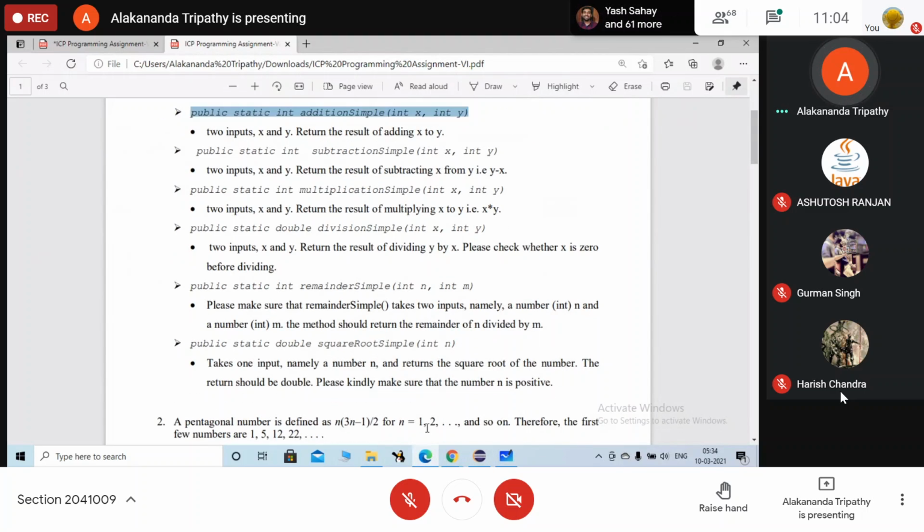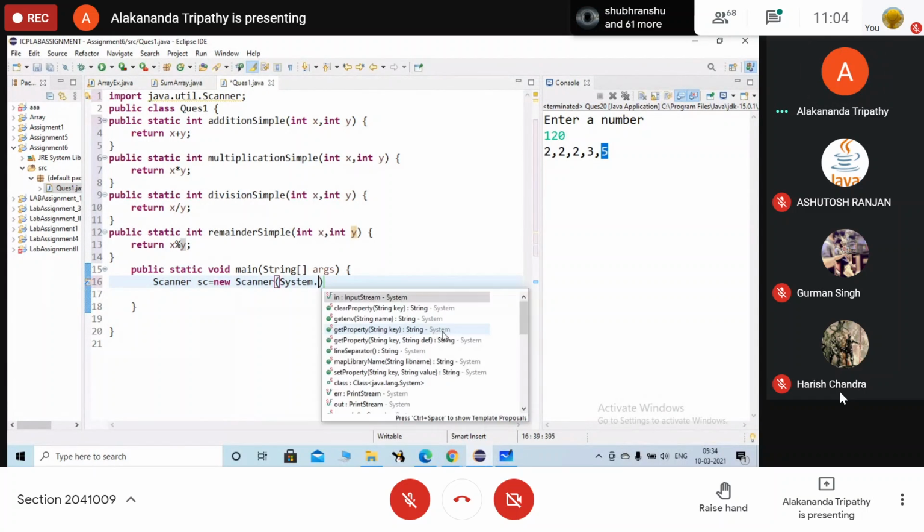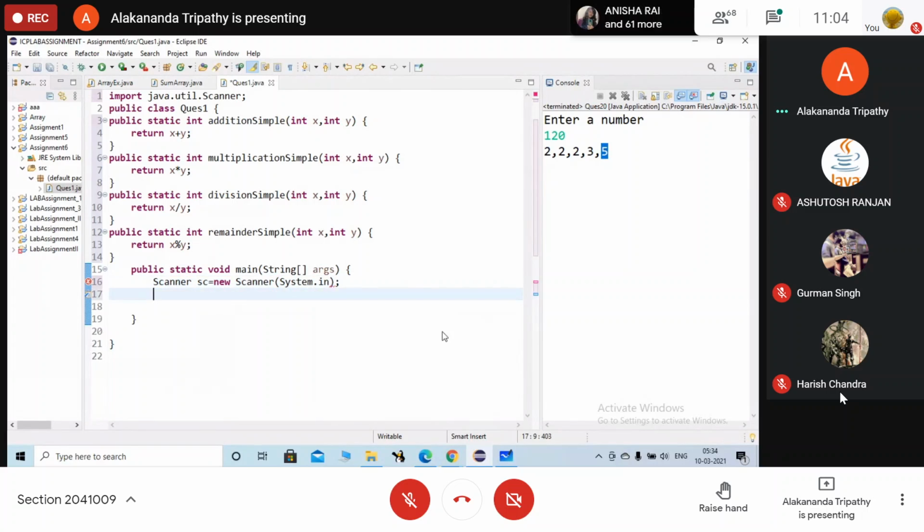Done? Then in the main method, take the value of the numbers.